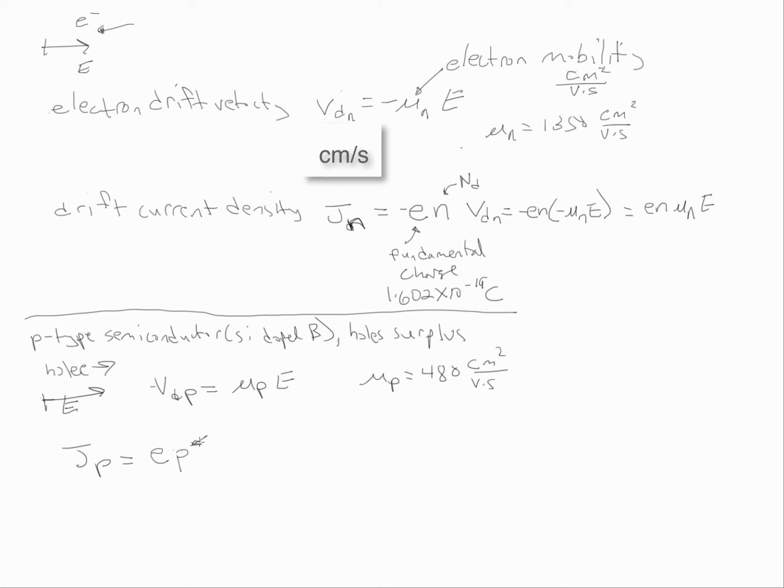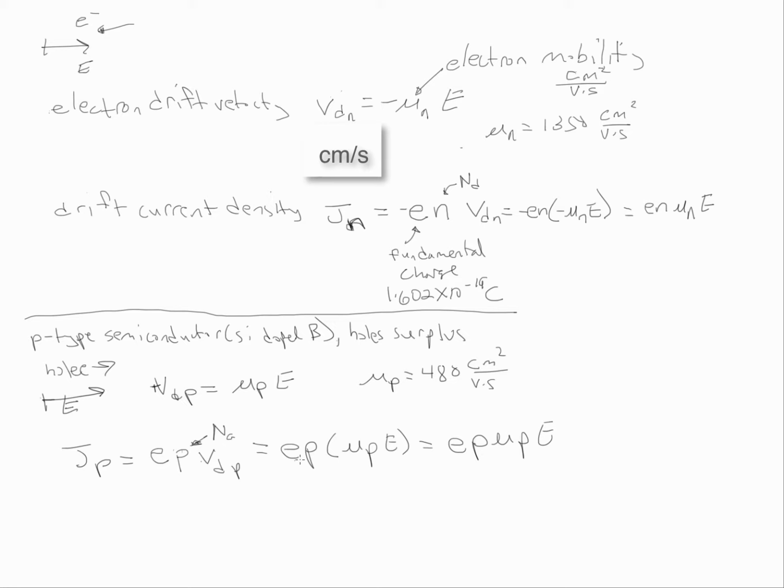Again, from previous ones, we'd call this Na for the acceptors. And then times vdp. That's not a minus sign there, it should be plus. And that's going to be equal to e p mu p E, which is equal to e p mu p E.